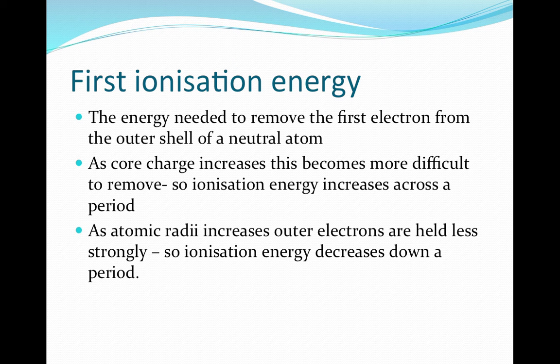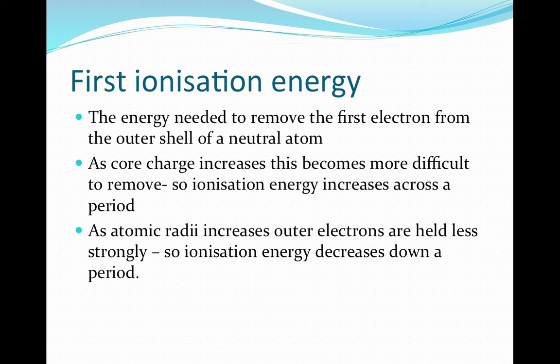Now, linked to electronegativity is ionization energy. That is how much energy it takes to remove an electron. First ionization energy specifically is the minimum amount of energy needed to remove the first electron.